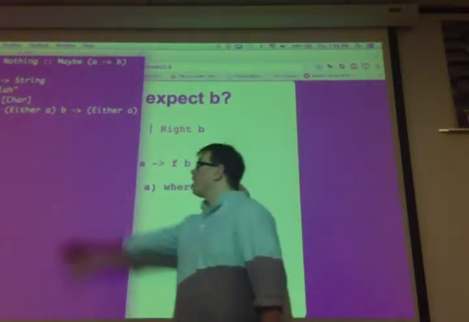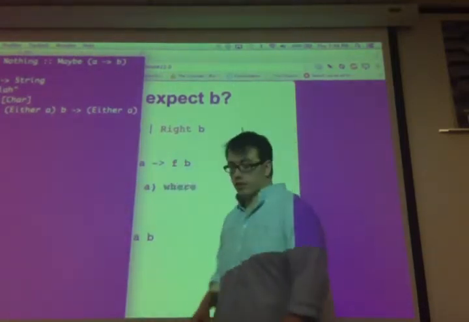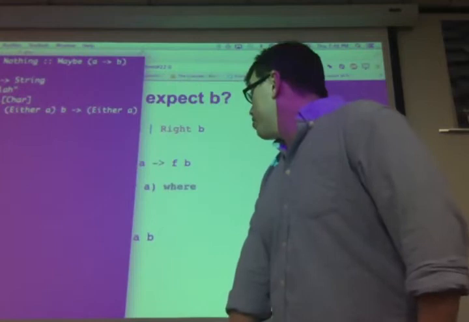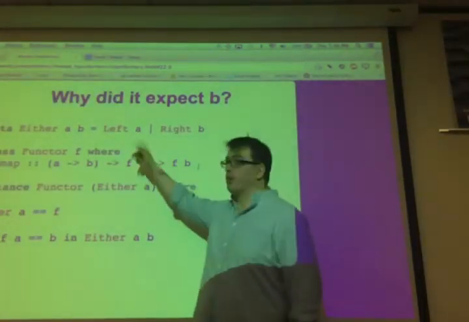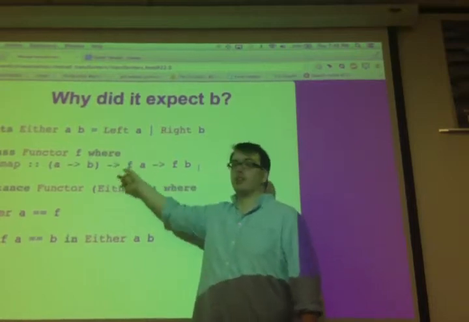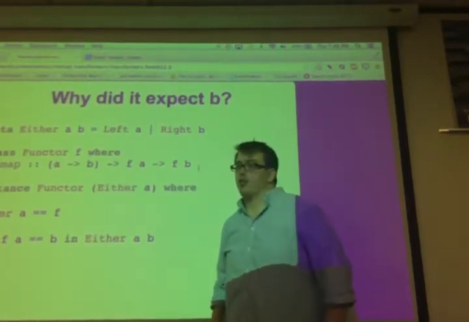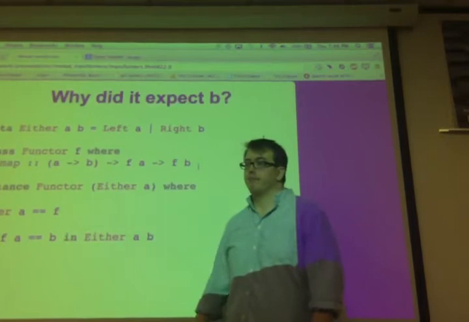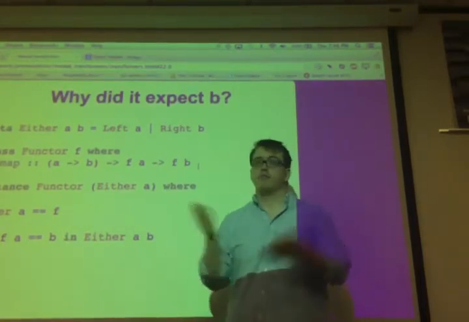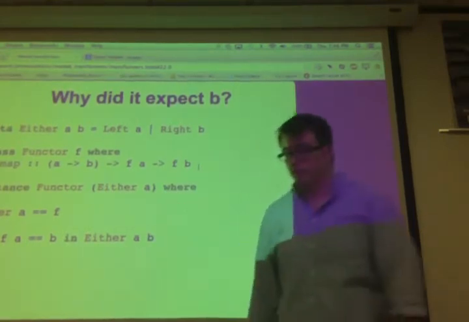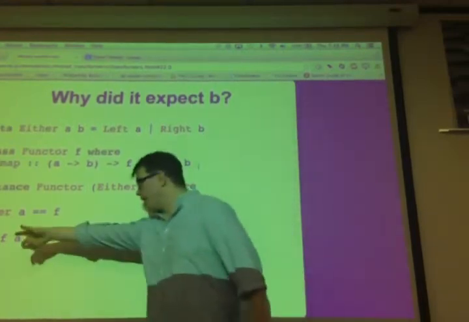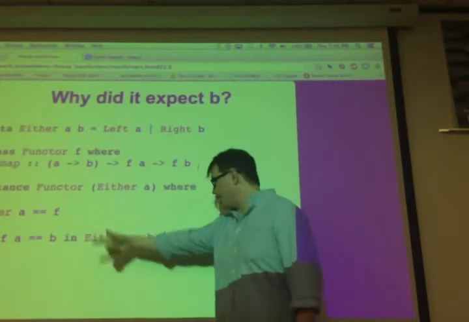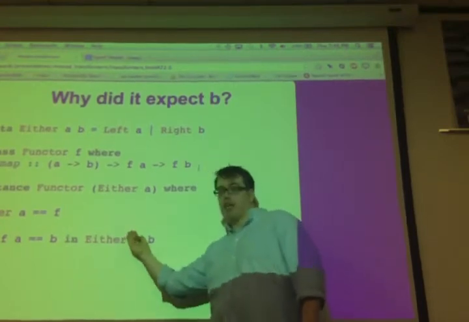We're not allowed to touch or talk about the A in Either A B because it's not in scope here. It's hidden in the F. It's not being addressed by the type class. We can't talk about it. So our F is Either A, not Either, and our A in F A is actually the B in Either A B because the A got applied out.